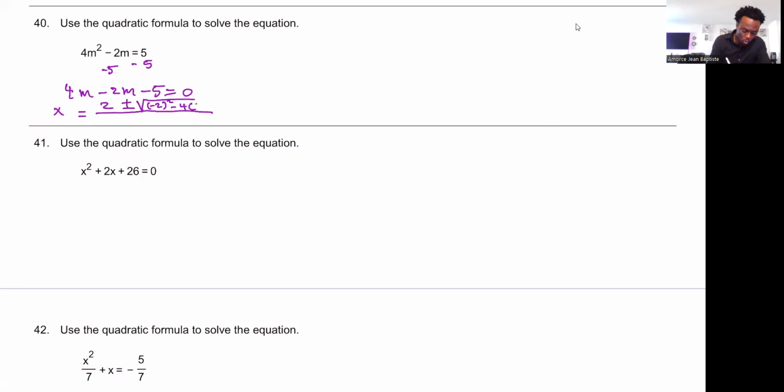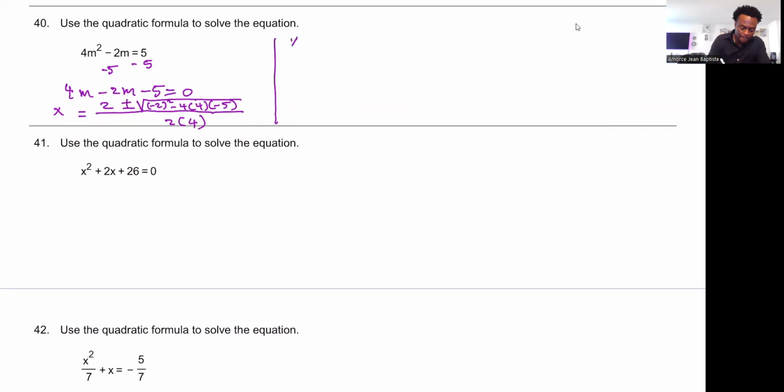A is 4, C is negative 5, over 2 times 4.